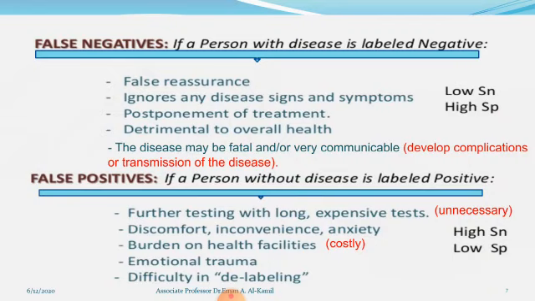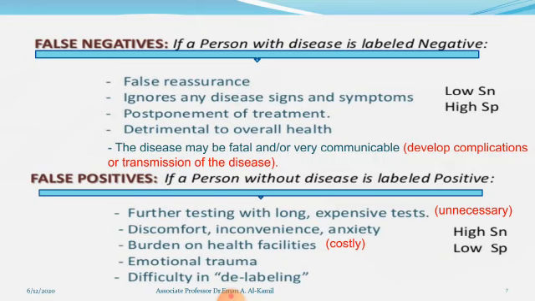The false negatives are the individuals who have a disease and are labeled as negative. They have the disease by the gold standard test, but according to the screening test they are labeled as having no disease. So, what is the significance of such a problem?